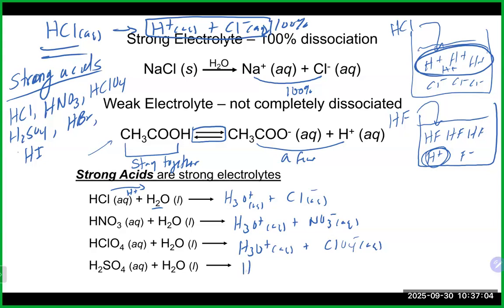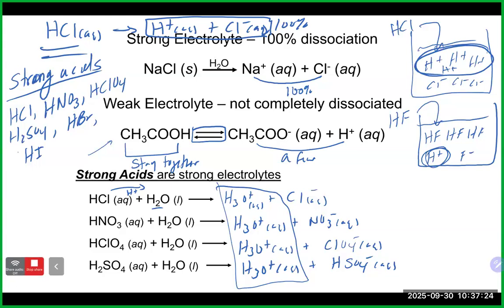And here we will get H3O plus and actually hydrogen sulfate or bisulfate in this case. Again, the hydrogens do come off one at a time. These are all one-way streets, which means all these guys, when they're in solution, are going to produce a lot of free H plus really quickly in that solution. And again, that's what's going to make them a strong acid.